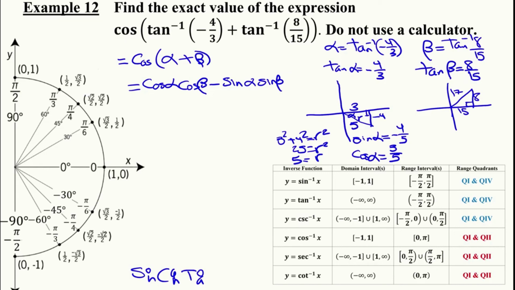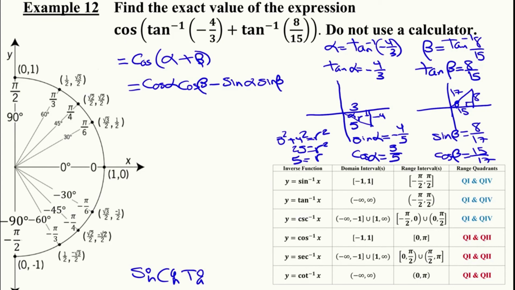You can go verify it for yourself if you like. All right, so this tells us that if this is beta in here, we know that sine of beta is going to be opposite over hypotenuse, so 8/17. And the cosine of beta is going to be adjacent over hypotenuse, so 15/17. Now we're good to go because we have all the pieces that we need, because we needed the cosine and sine of both.